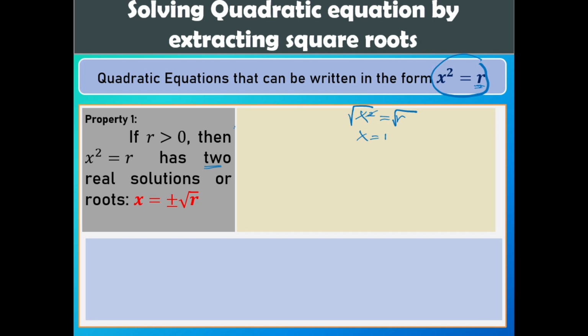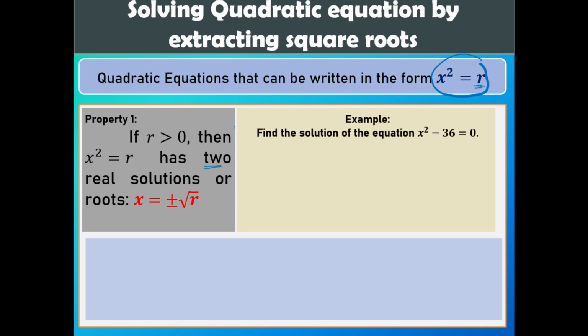So, x is equal to positive or negative square root of r. So, that is why wala na siyang squared at makukuha na natin yung value ng x.